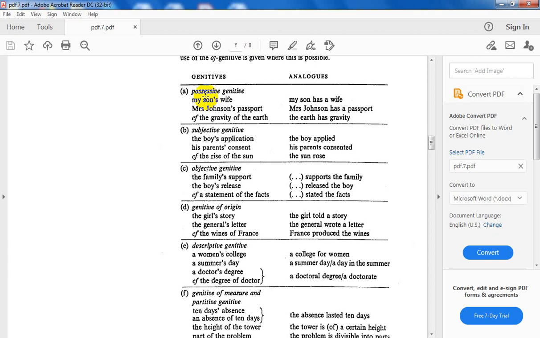Let me give you these examples. My son's wife, I mean my son. Of course, this is the analog, the paraphrasing: my son has a wife. Mrs. Johnson's passport: Mrs. Johnson has a passport.